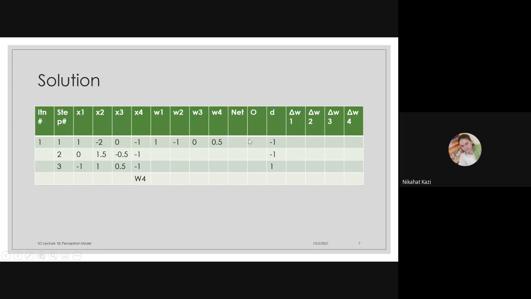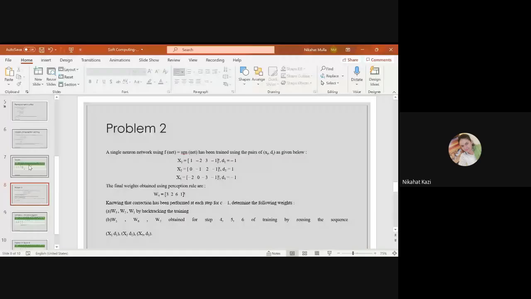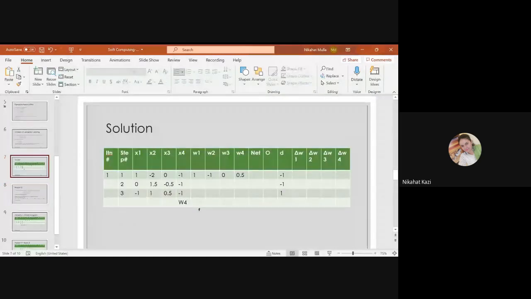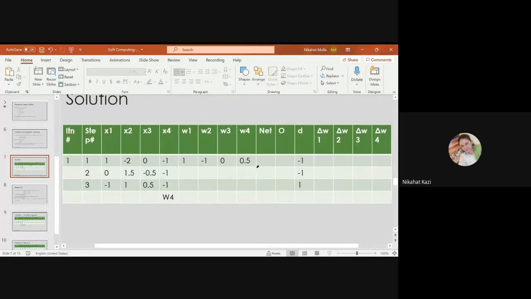X and W. So first step is you compute net, right? What is the net value? You multiply the individual values of the first vector, sum it up and tell me the net value.